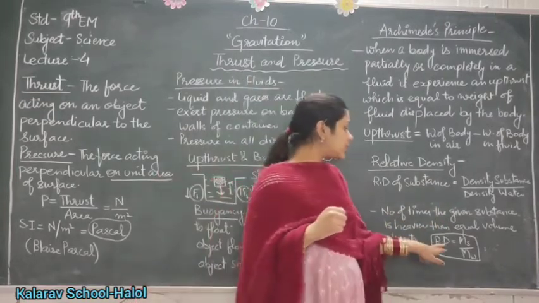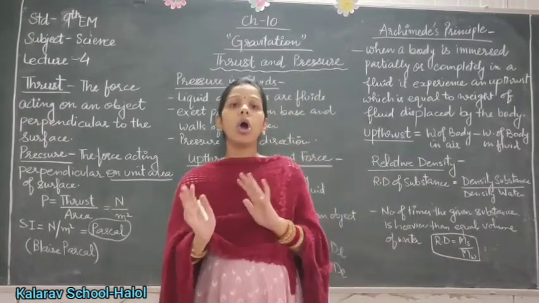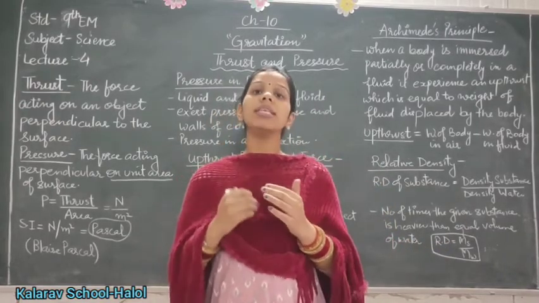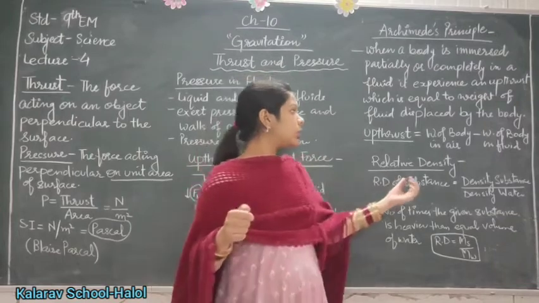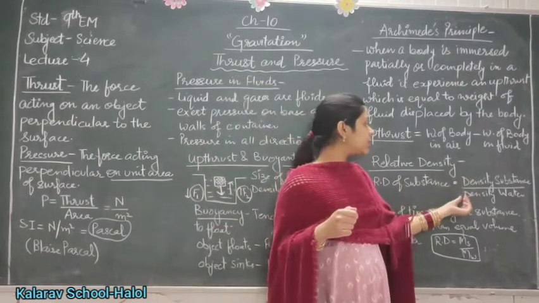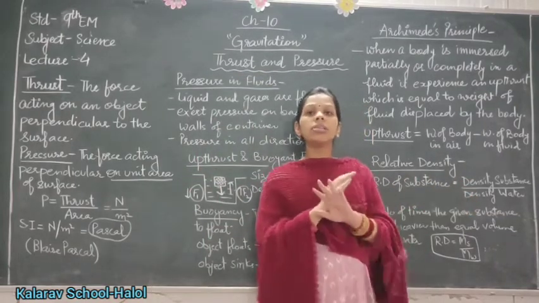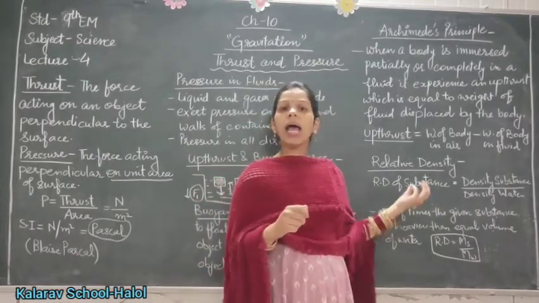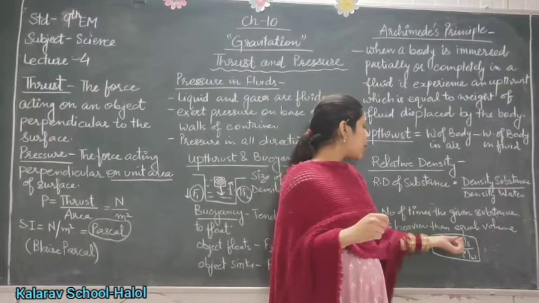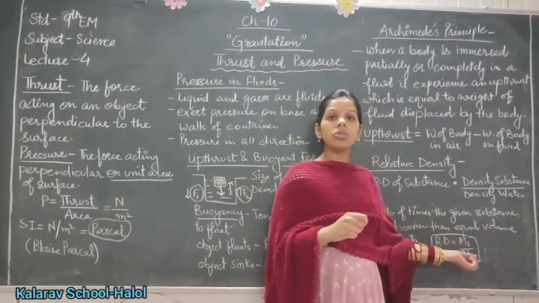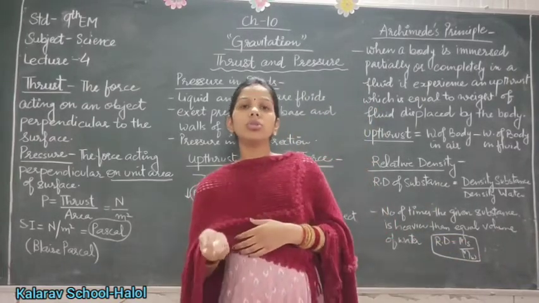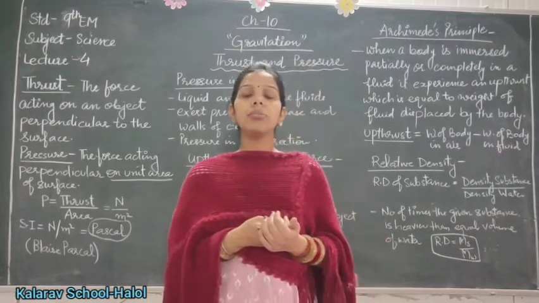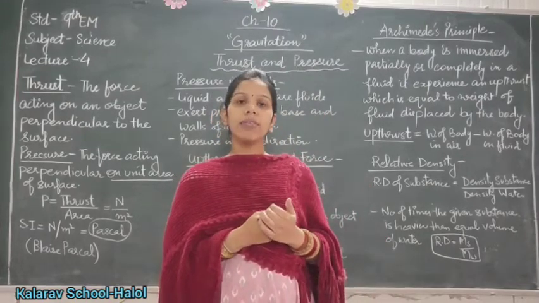The relative density has no unit because it is a ratio of the same quantity, the unit of density divided by the unit of density. So relative density can also be expressed as the mass of the substance to the mass of water, and we can use these terms for calculating the relative density.